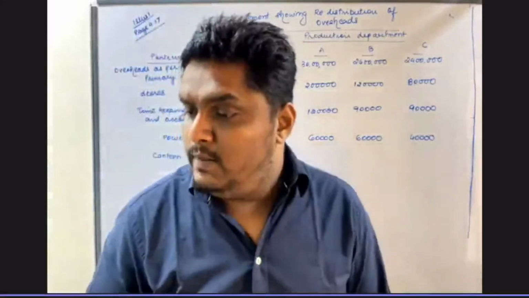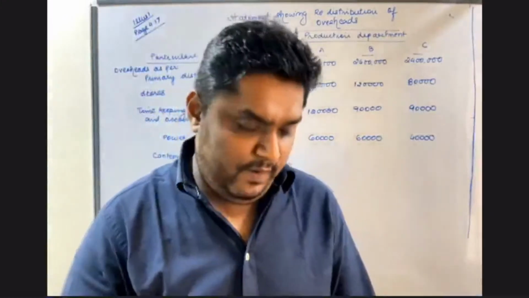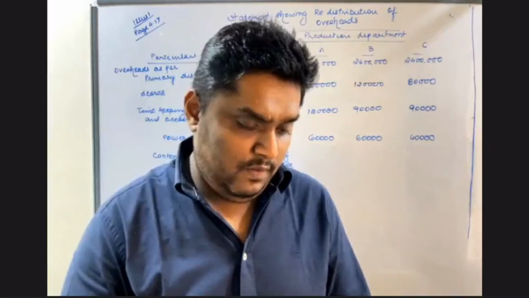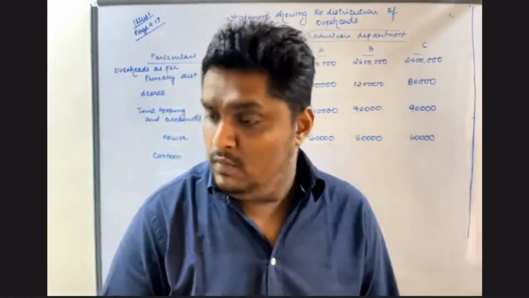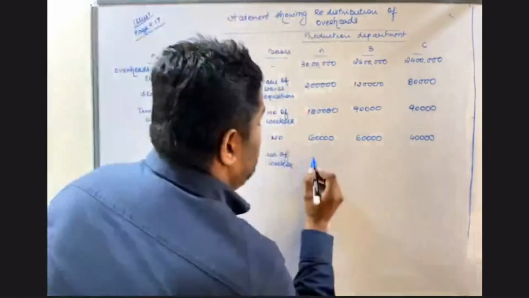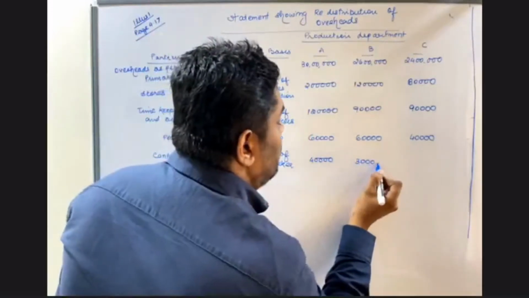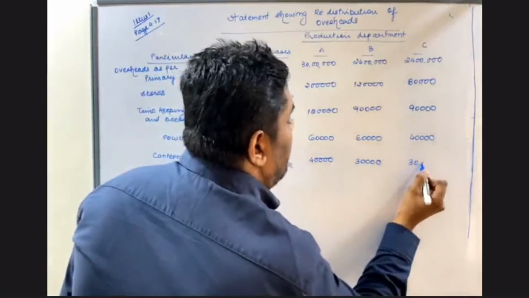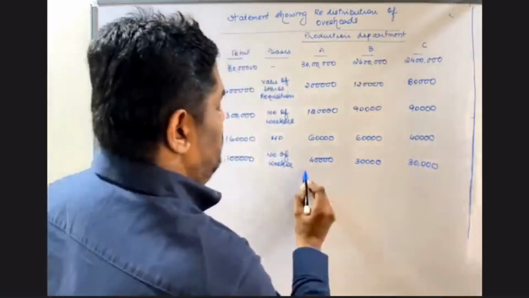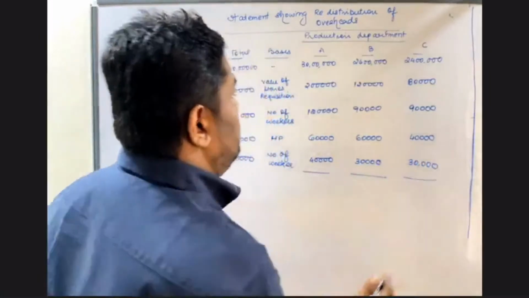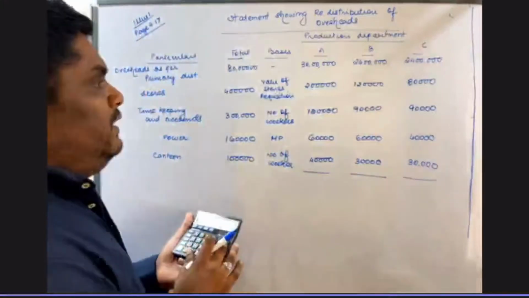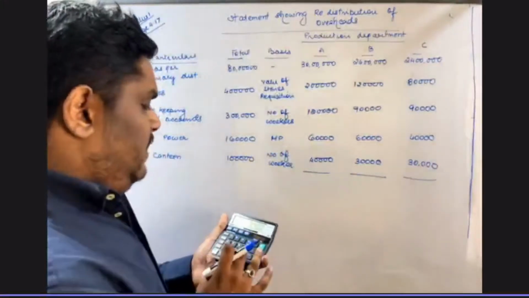When talking about the number of workers, total. This will be 40, 30. So this is how we will calculate the total overheads of the production departments.